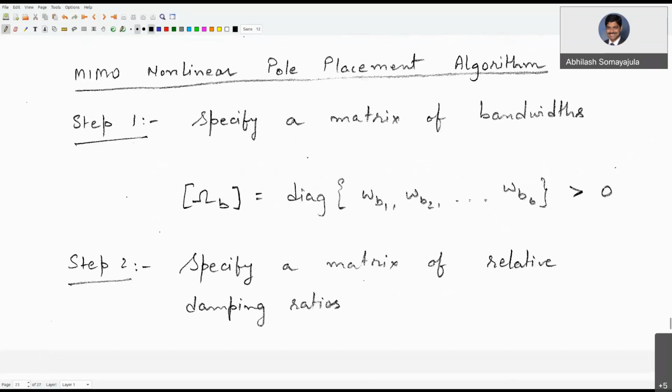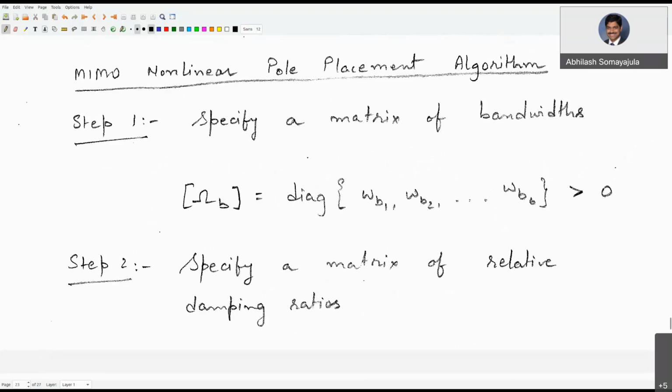So if I wanted to specify what we would do, we would either need to specify the natural frequencies, but typically in a control system, we would specify in terms of the bandwidth, right? We know that the bandwidth and the natural frequencies are related.